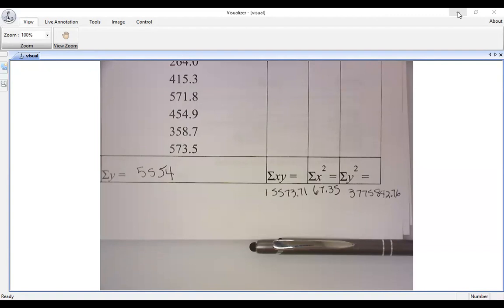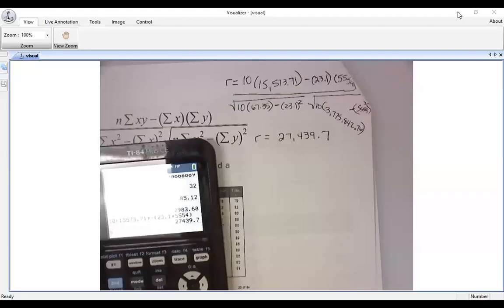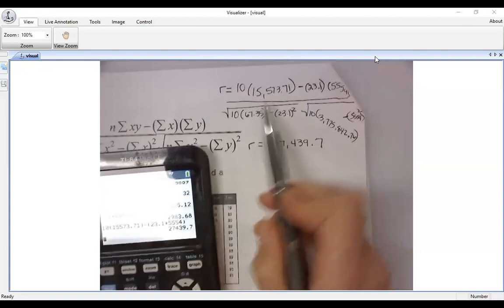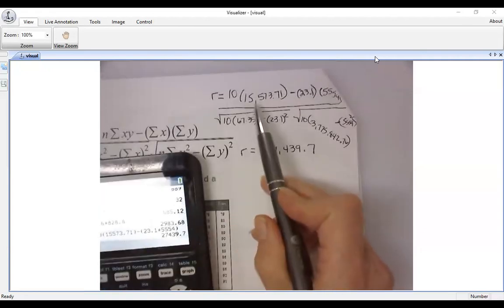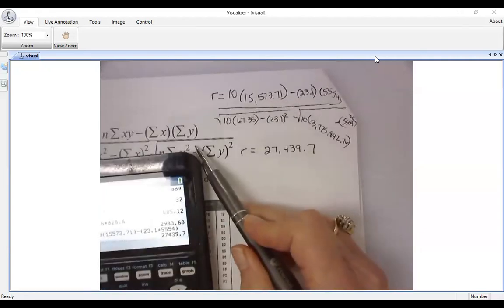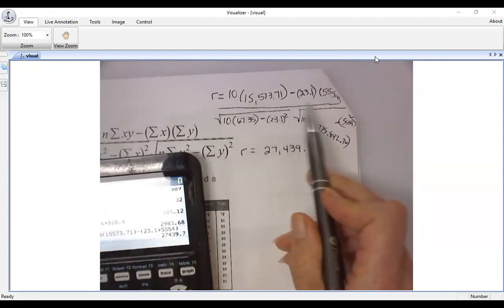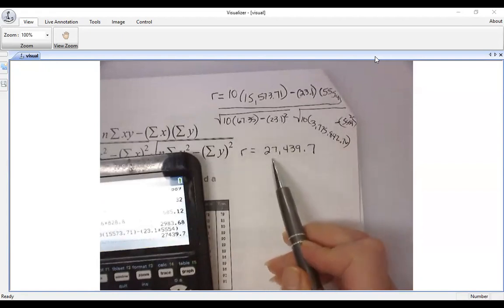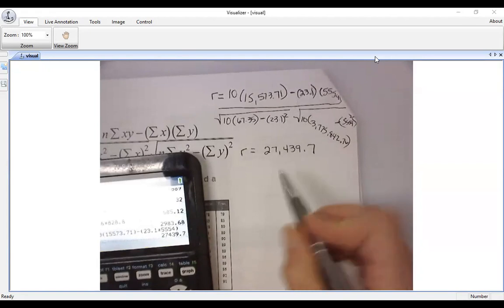Are these numbers the ones you have at the bottom of the columns? All right, so here's where we're going to plug in. What we've done is plugged all these numbers into the formula, and we multiplied the numerator together and subtracted and ended up with this.